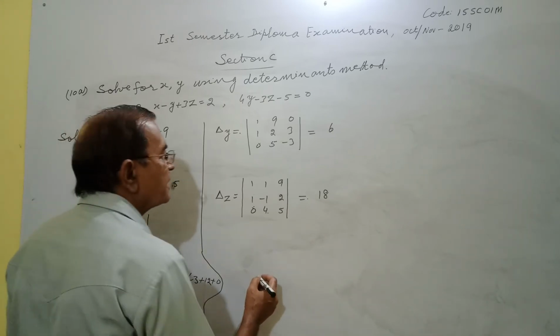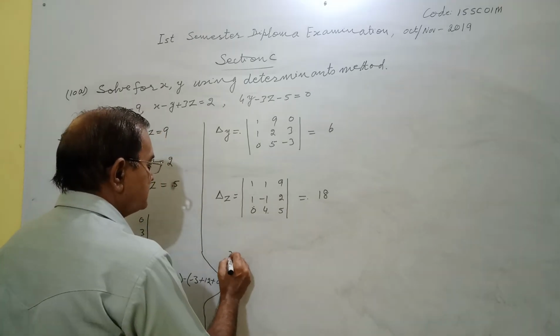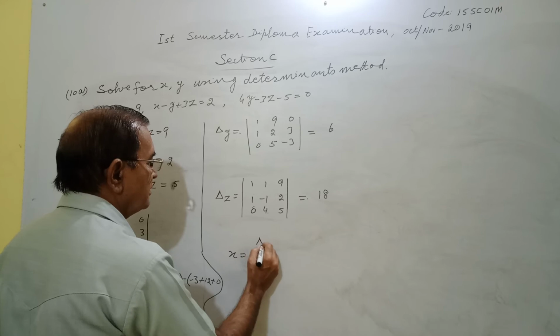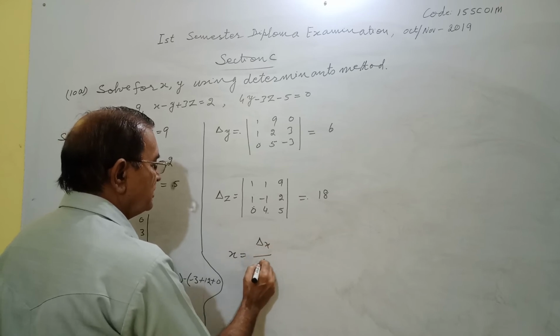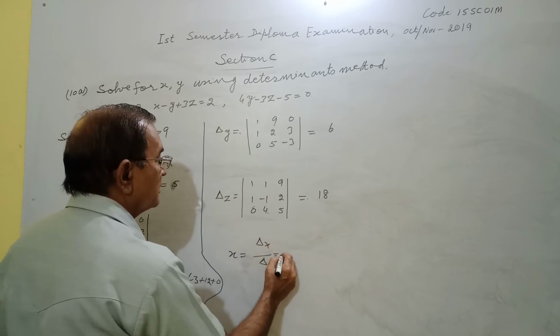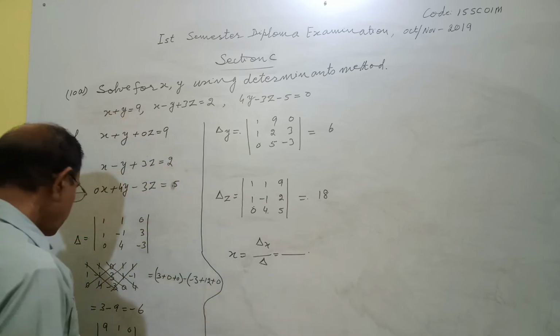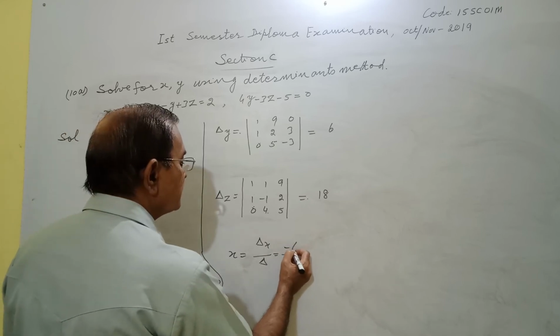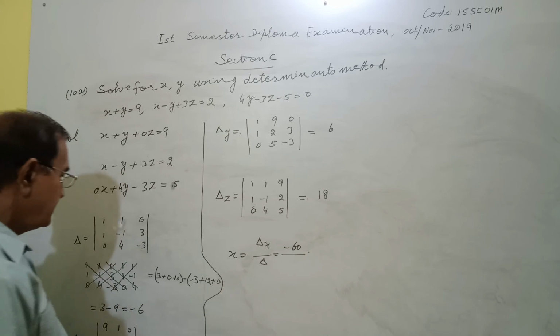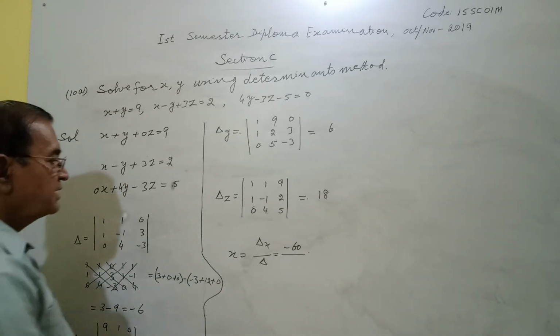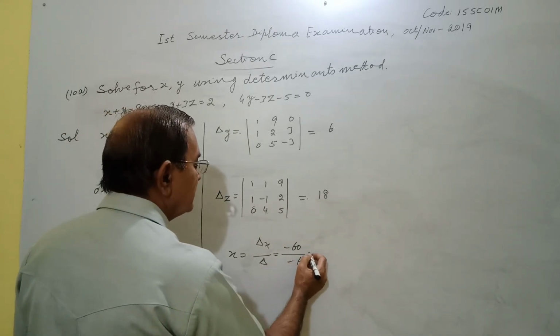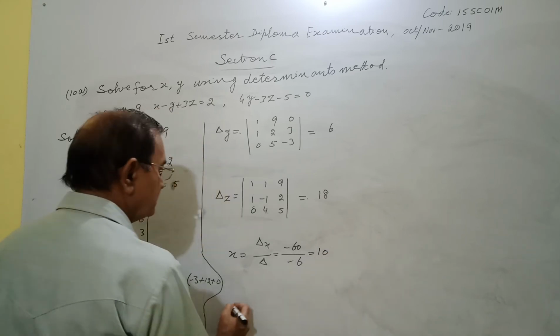So now x equals delta x by delta. Delta x is 60, delta is minus 6, the value will come out to be minus 10.